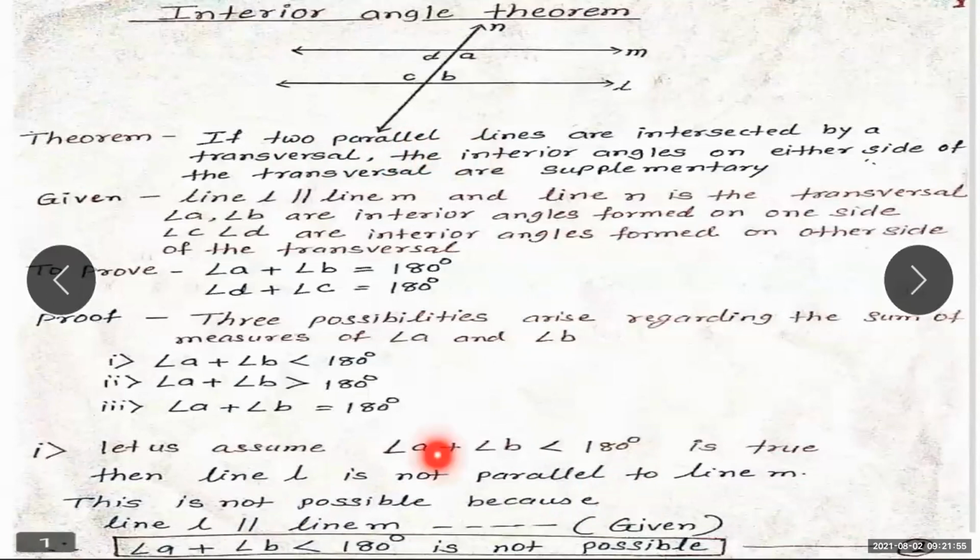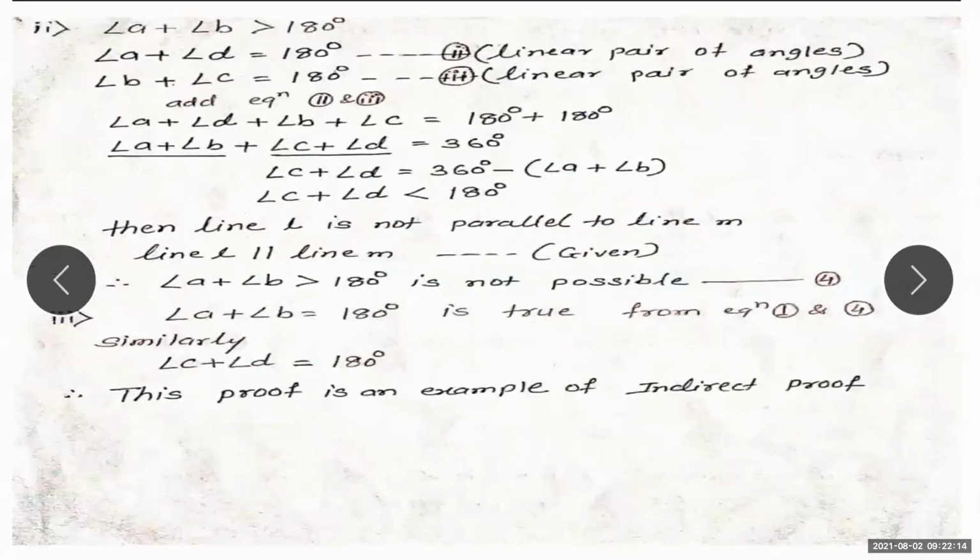So this condition is not true here. So see the last step, angle A plus angle B less than 180 is not possible. That is impossible.